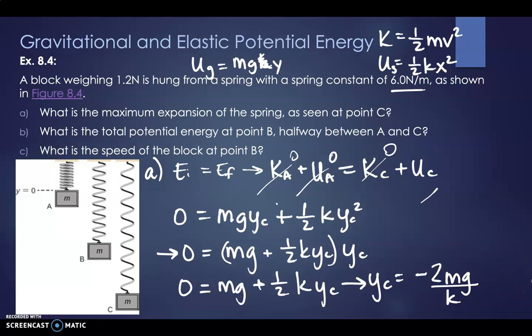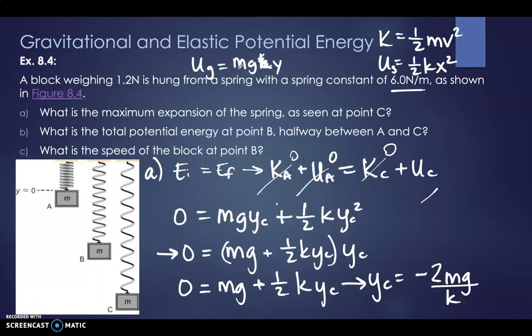Okay, and I will need to start a new page. All right, so we have y sub c equal to negative 2 mg over k. So we can plug that in. We get negative 2 times mg, which we don't know, but we do know that the weight of the block is 1.2 newtons, and our force is equal to mg here, since it's just the weight of the block.